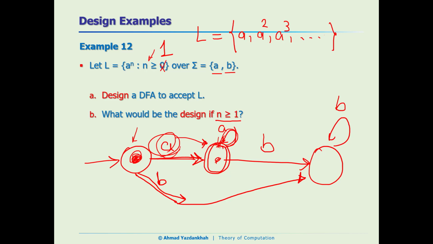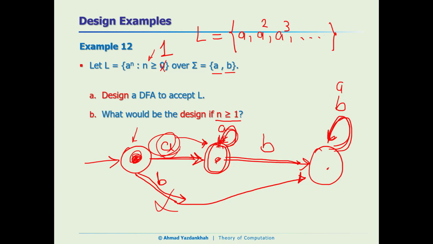You need one outgoing for A, one outgoing edge for B. And how about here? Exactly the same thing. One outgoing for A, one outgoing for B. In this way, you won't miss any edges, right?